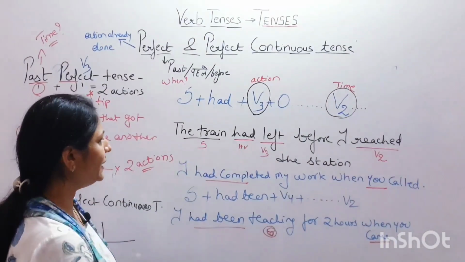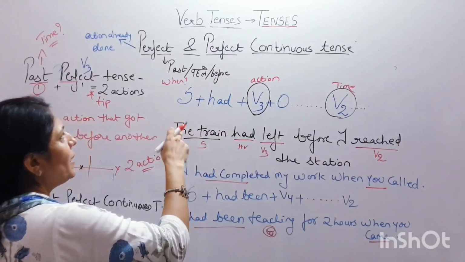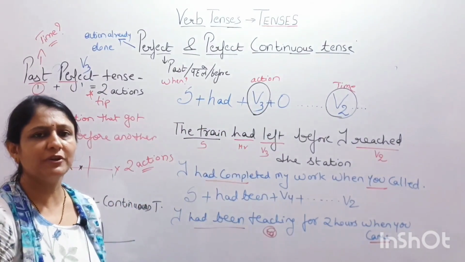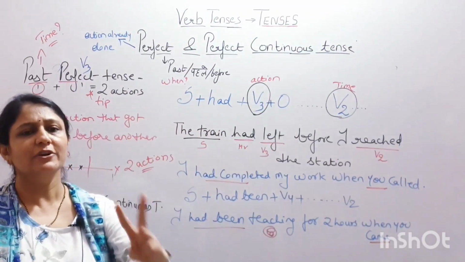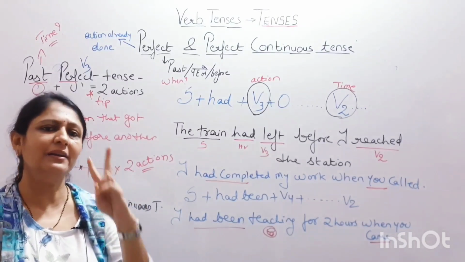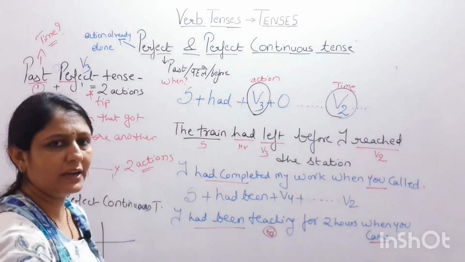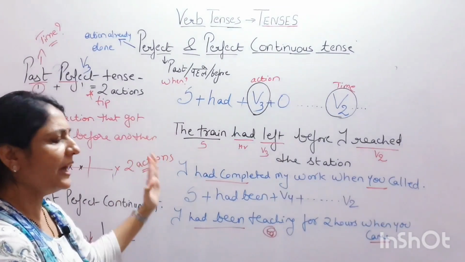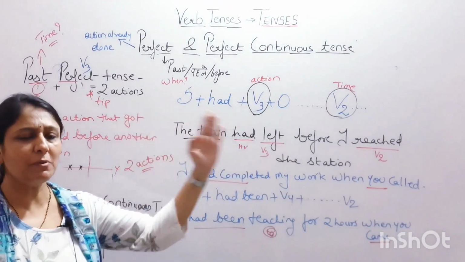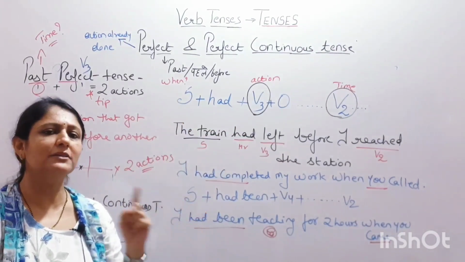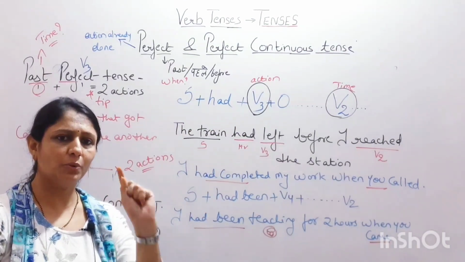So that was quite clear that we use past perfect and past perfect continuous tense when we have 2 actions in one sentence. I hope that's quite clear. It is as simple as simple past, but in simple past, normally we talk about one action.